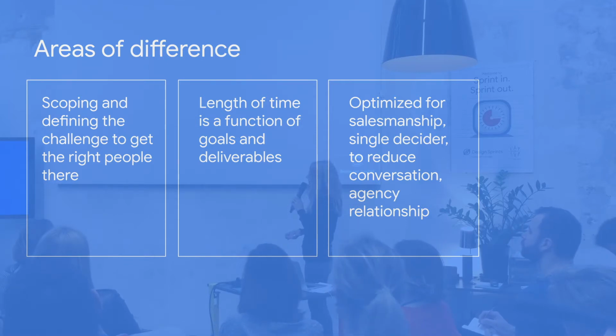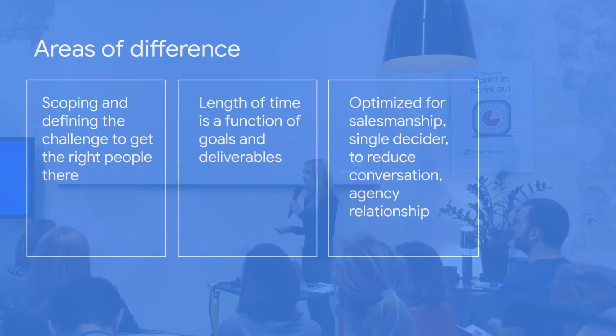And then there are little nuances related to your culture. If you notice salesmanship, people who are really good at selling things, the Ventures model is optimized to combat that. If you have a single decider, the Google Ventures model is optimized to make sure that decider's vote is accurately represented.